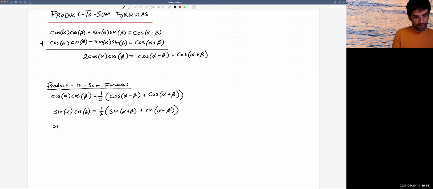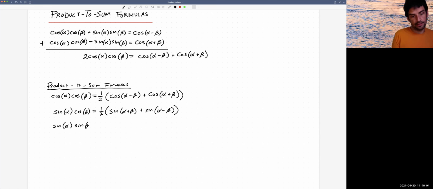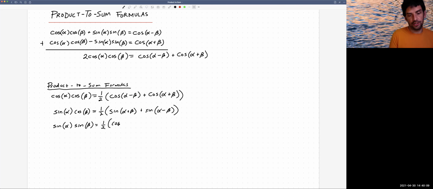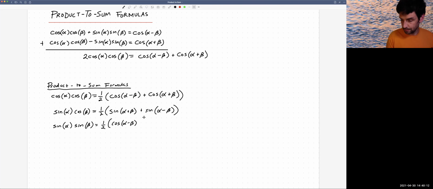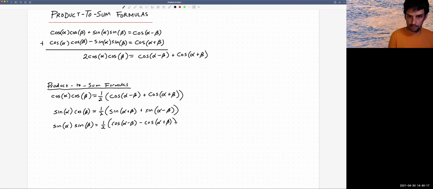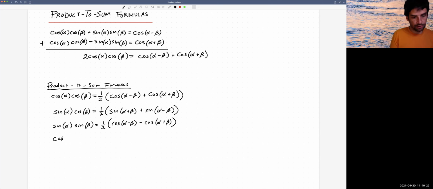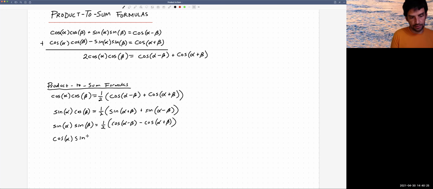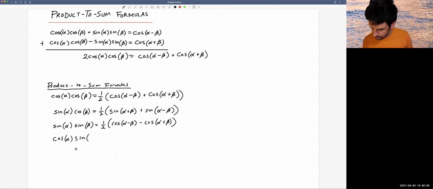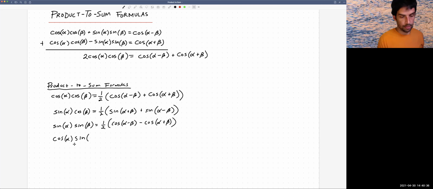Then we'll have sine alpha sine beta. We end up with 1/2 times cosine alpha minus beta minus cosine alpha plus beta. And then finally, we'll have cosine alpha sine beta.